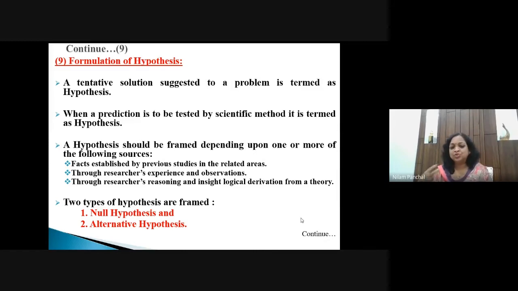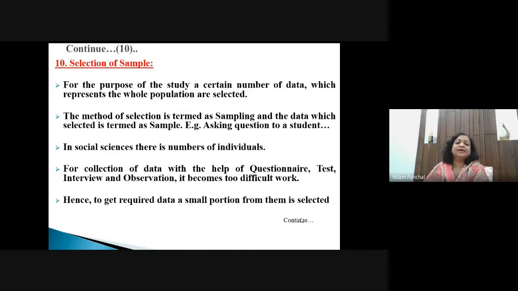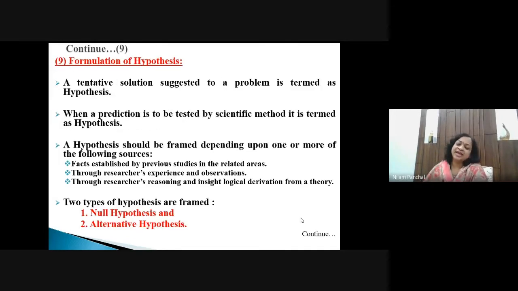So there are two types of hypothesis framed. One is a null hypothesis, the other is an alternative hypothesis, right? So what is the null hypothesis and the alternative hypothesis? Something that you are assuming, where you are trying to predict some problem, and when you are checking that, it becomes an alternative hypothesis.